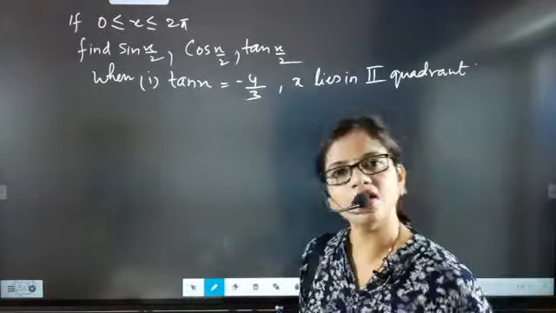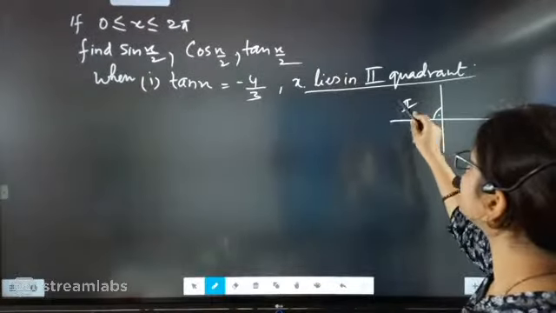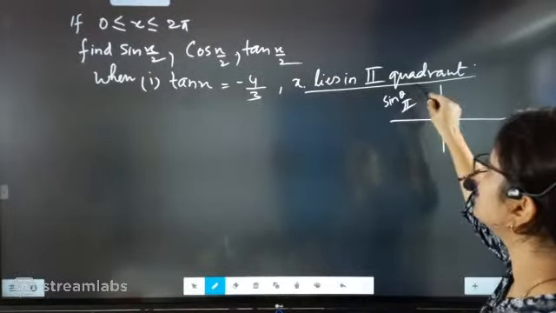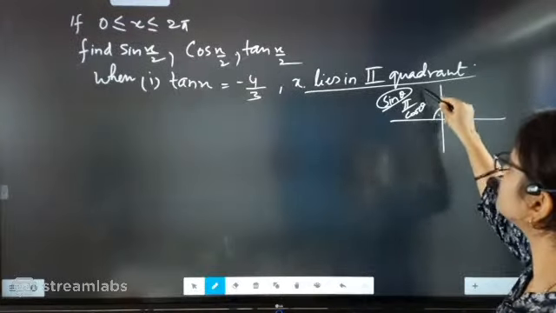Sine is positive and all the other trigonometric ratios will be negative. So beta, according to this condition, x lies in second quadrant, it is only symbolizing one thing, that the value of x will be lying here in this second quadrant. Because second quadrant is the sine house, only sine will be positive, cos and tan both will be negative.